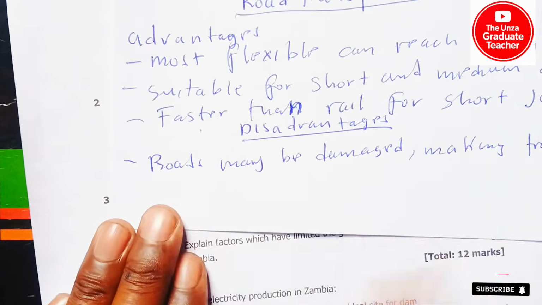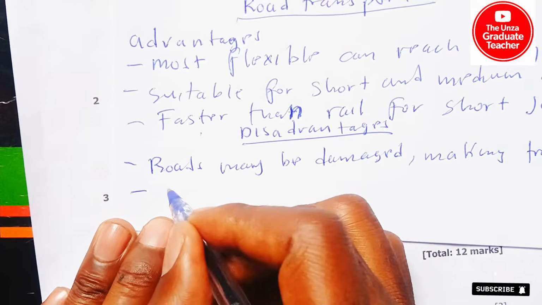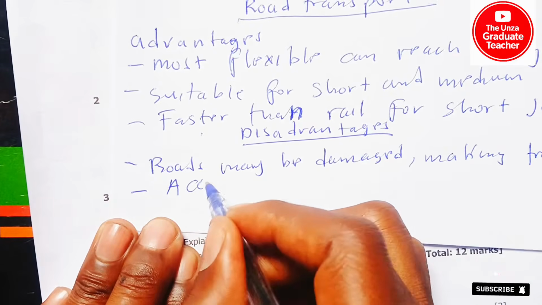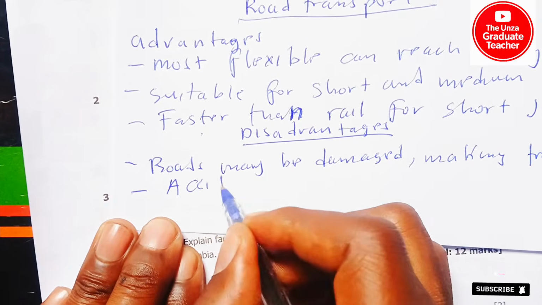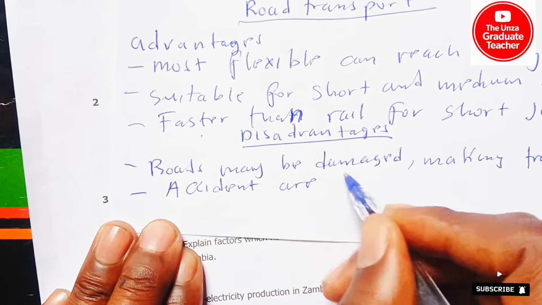The other disadvantage, you say accidents are common with road transport. There are many accidents. It's different from other forms of transport. Accidents are common.